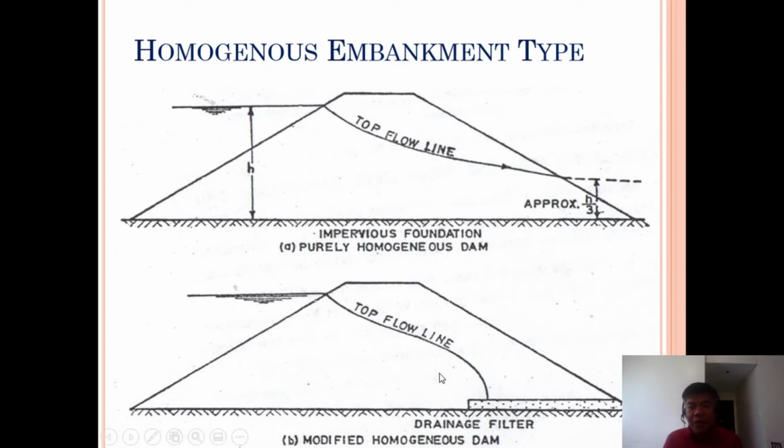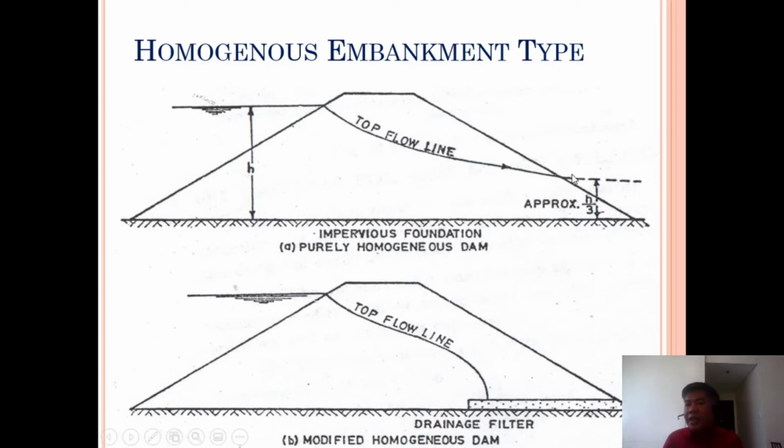The lower part is the modified homogeneous dam. Why? Because with this kind of seepage line, the seepage will go outside in this area, approximately H over 3 from the toe. What is H? H is the height of water, divided by 3, so it is somewhere here.